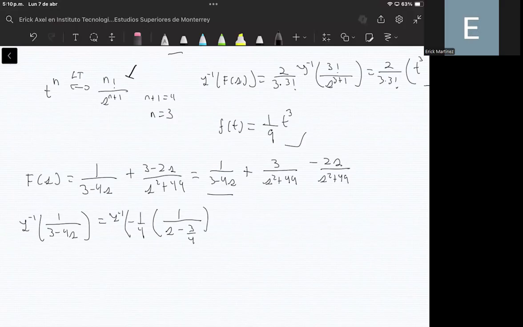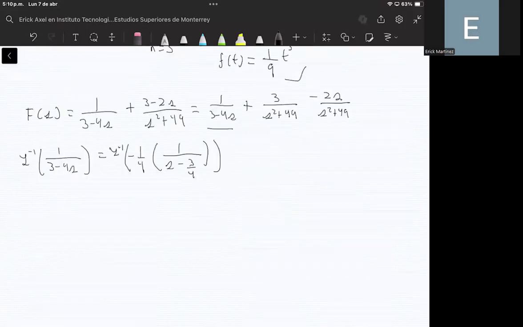Okay, and now we need to look at the Laplace transform tables to see which table is useful for us. This looks very similar to the Laplace transform of an exponential. Remember that the Laplace transform of an exponential e elevated to the minus a times t is 1 over s plus a.